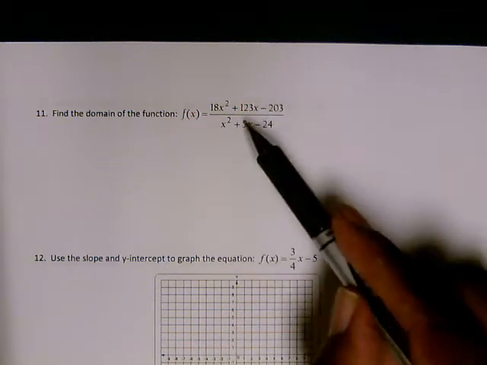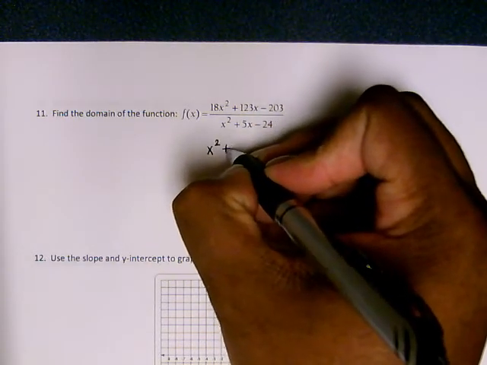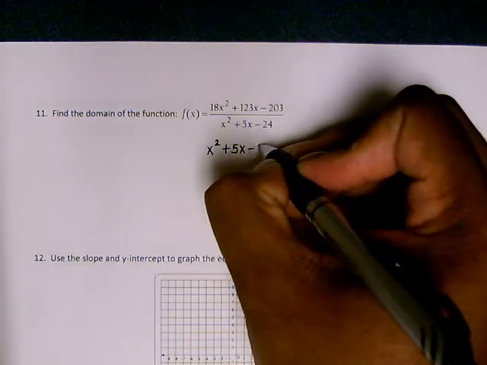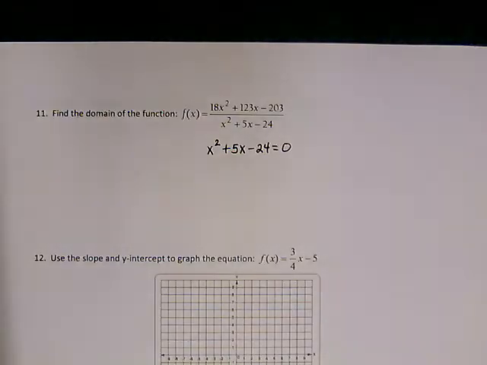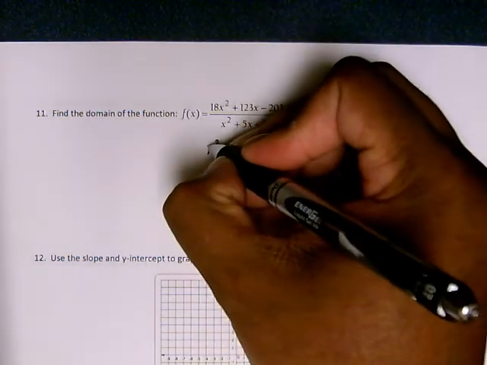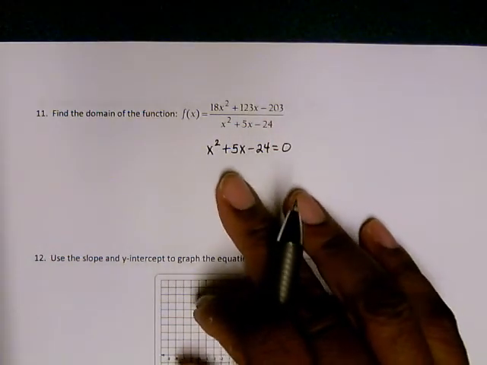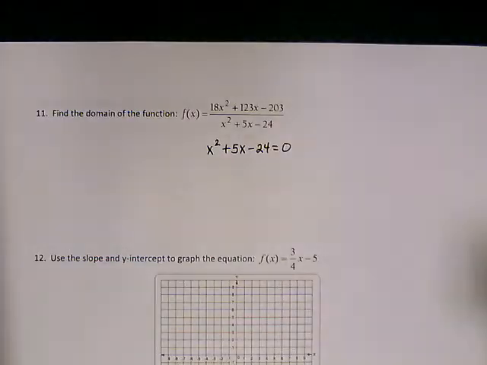So what we'll do here is set x squared plus 5x minus 24 equal to 0, because whatever those x values are, that's what's going to make that denominator 0.